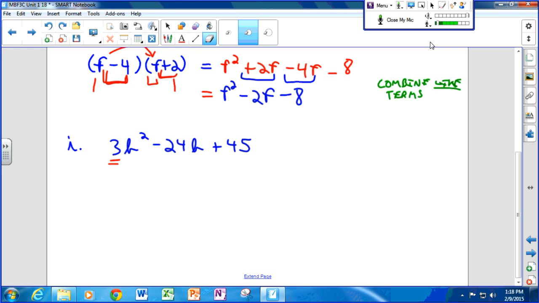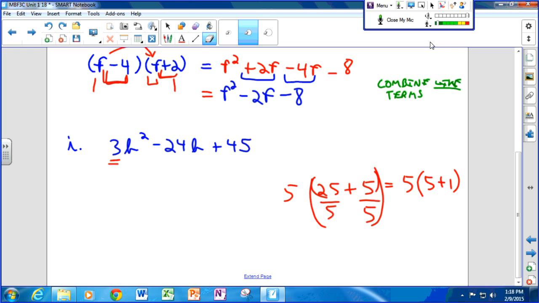Let's say I had 25 plus 5. You're not going to have something like that, right? I could actually rewrite this as 5 times 5 plus 1, right? I basically divide both of these by 5 and then multiply the whole thing by 5. That's basically how it's going to work.